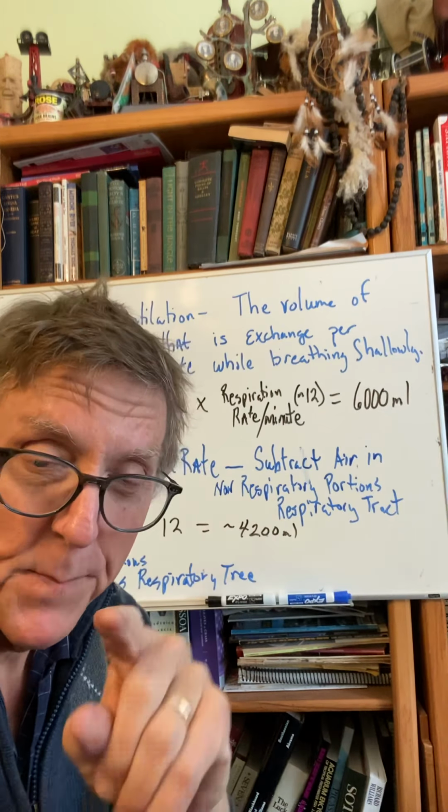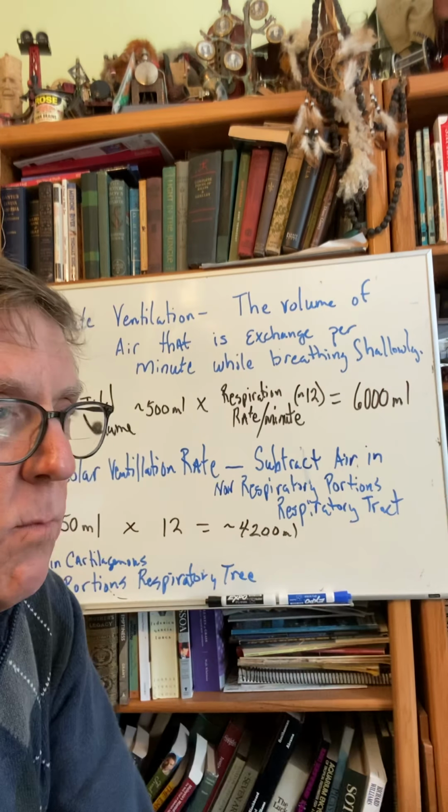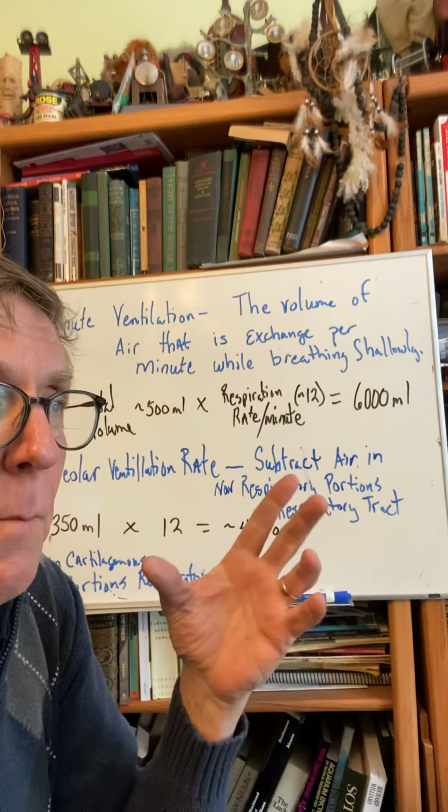And so the alveolar ventilation rate is the rate per minute of the amount of air that makes it to the alveoli and the respiratory bronchioles, the amount of air that makes it to these surfaces.